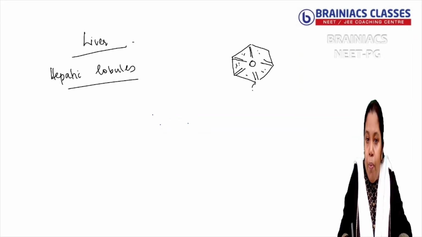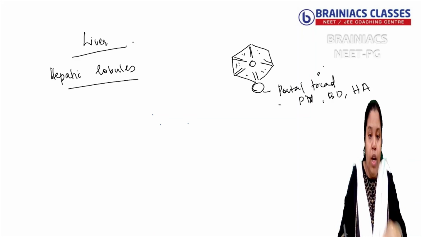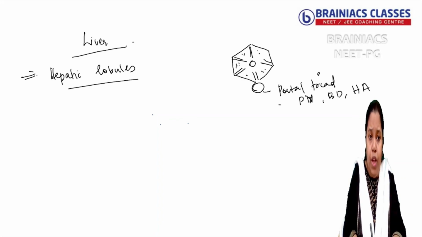Okay, and at the peripheries of these hepatic lobules, you have the portal triad. The portal triad has the portal vein, the bile duct, and the hepatic artery. Okay, so this is the content of the portal triad, and this is the structure of the hepatic lobules.